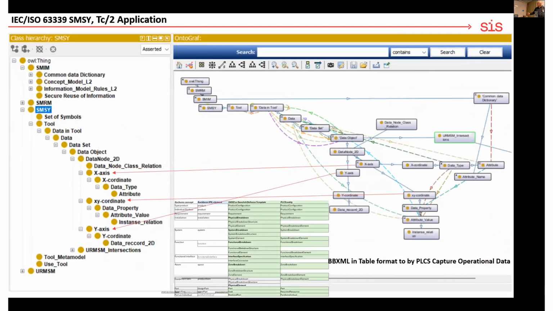Yes. Here we are. On the left side, we see the UML, the URSM objects, and they're not classes, because I'm not so good at class modeling. It's more like folders, how I would like to structure the information.